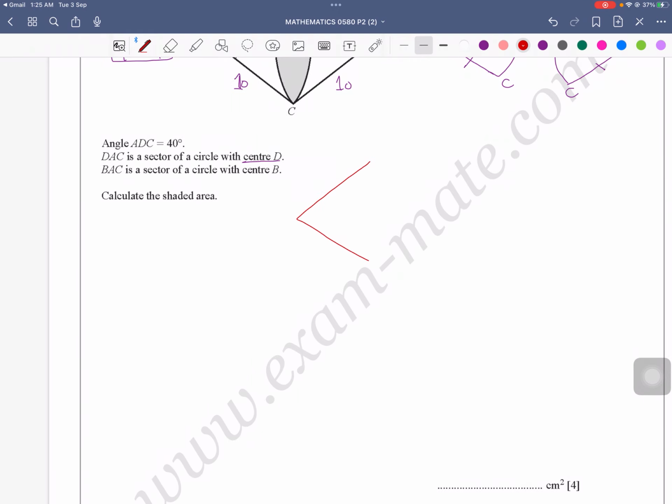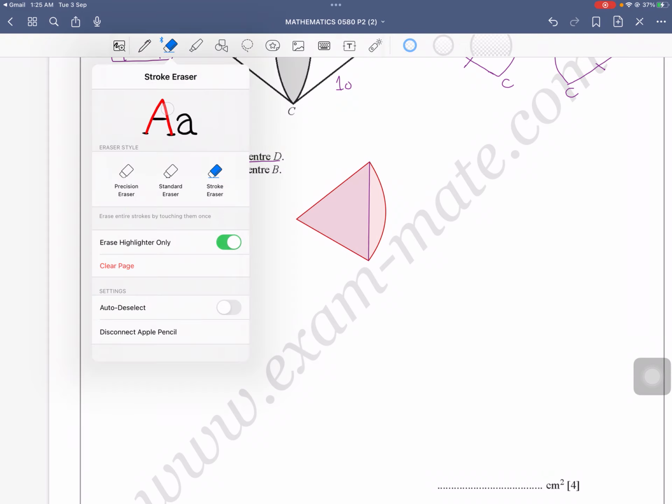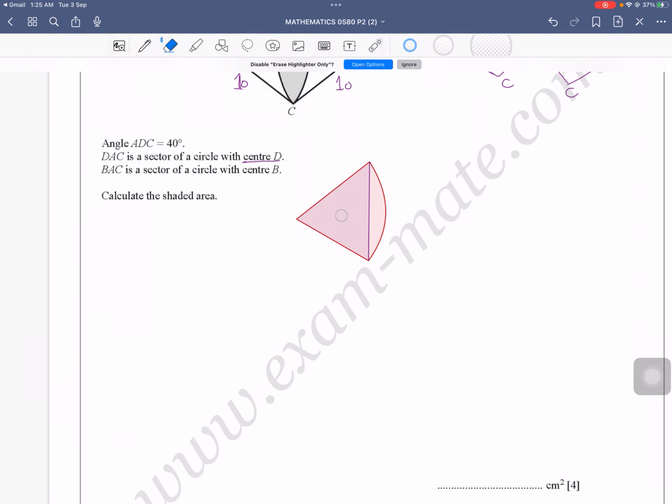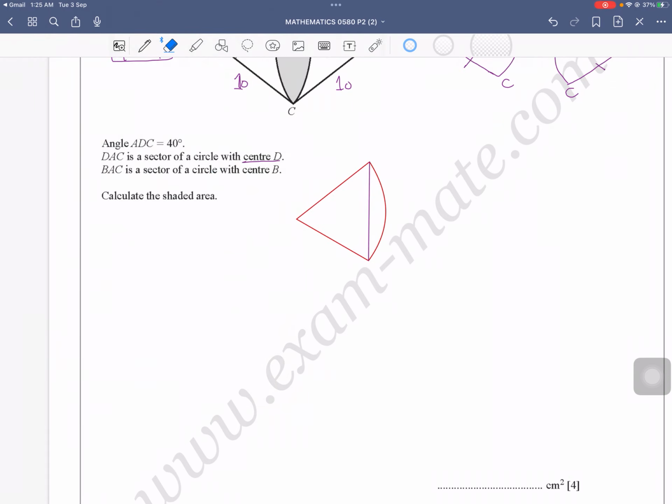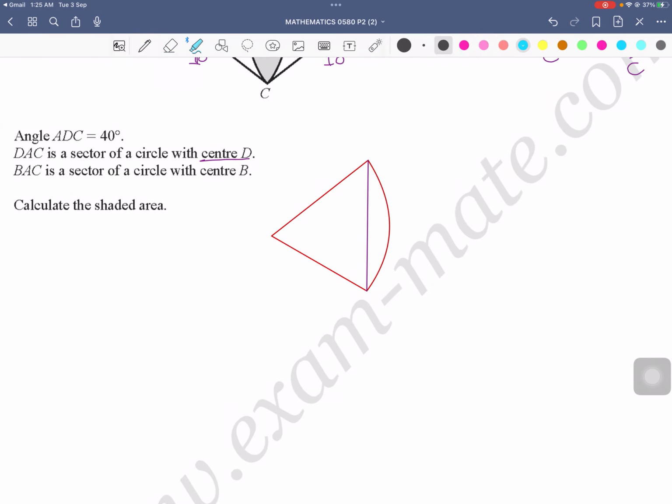Let's go deeper. If we draw a sector like this and completely cover it up, and here I make this line, then you and I can both appreciate that this colored portion is the gray area that we're looking for.